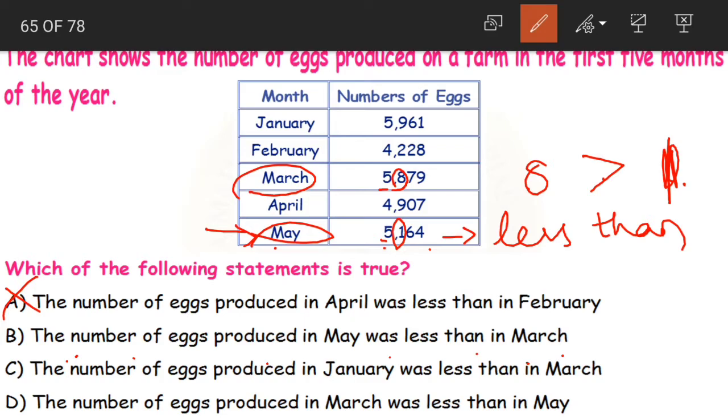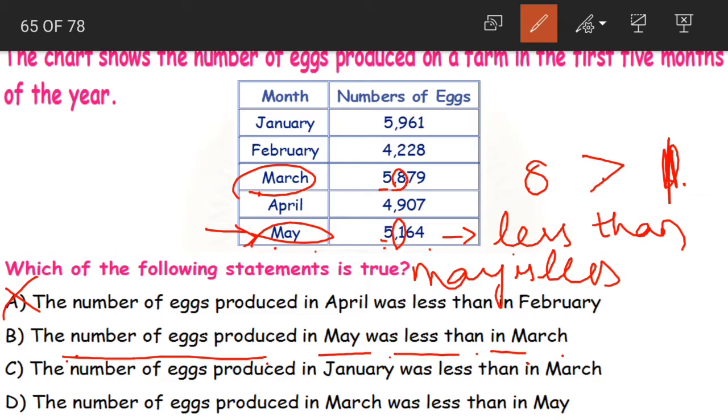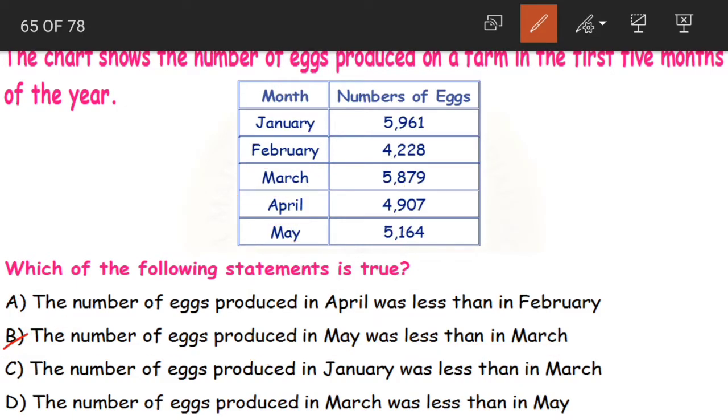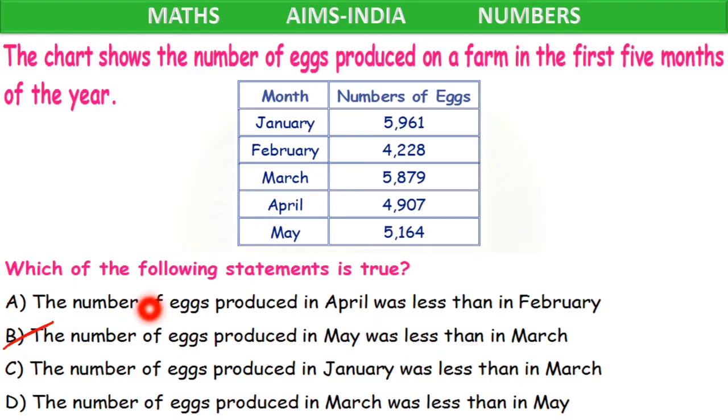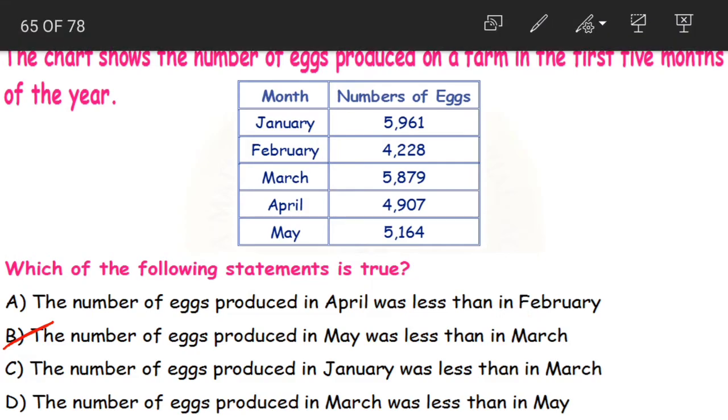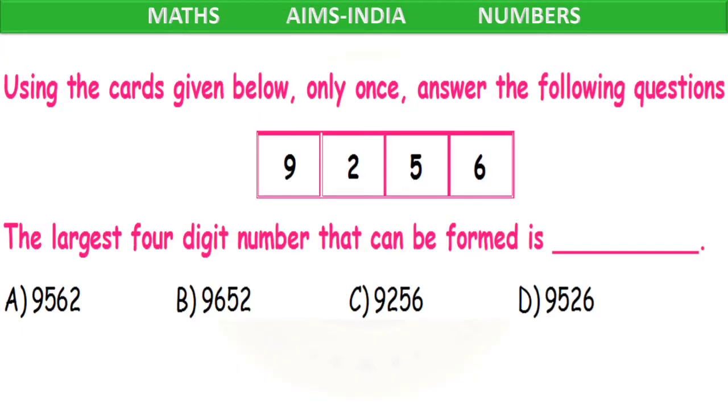So, the number of eggs produced in May is less than in March. That is the same statement given here. So, option B becomes our correct answer, children.